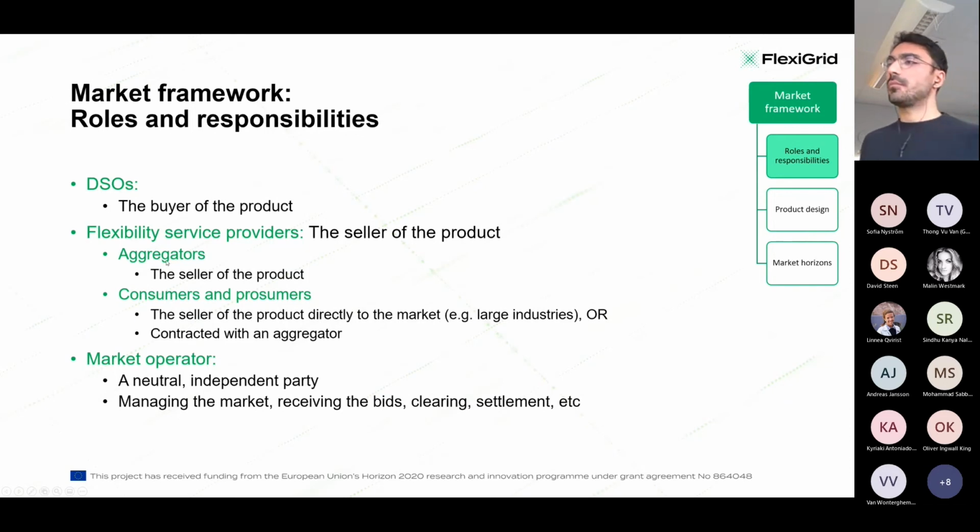It can be an aggregator, or it can be the consumers or prosumers that sell directly to the market, for example if they are a large industry, or they are contracted through an aggregator. Market operator, it's recommended to be a neutral, independent third party, and its role is to manage the market, receiving the bids, clearing the market, settling the market, etc.